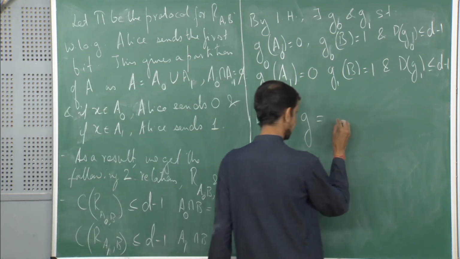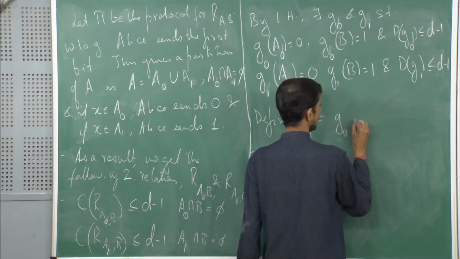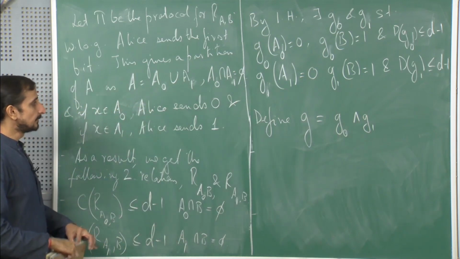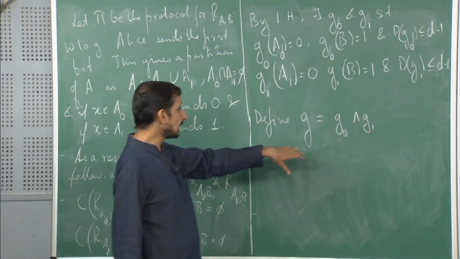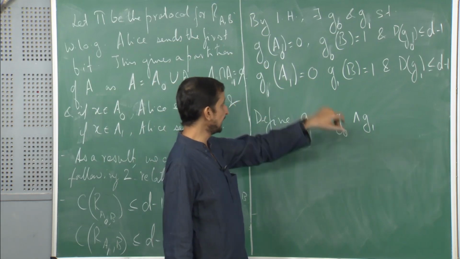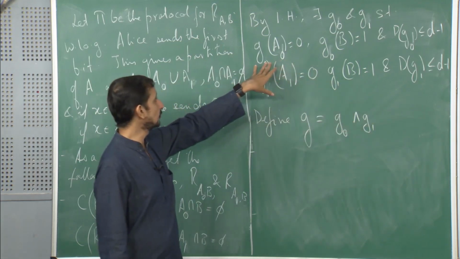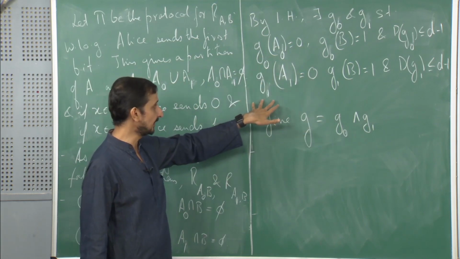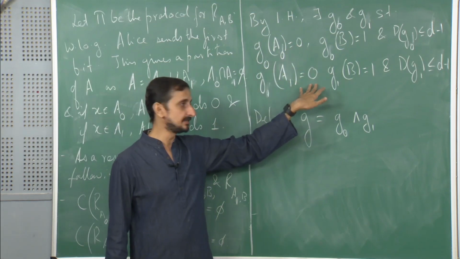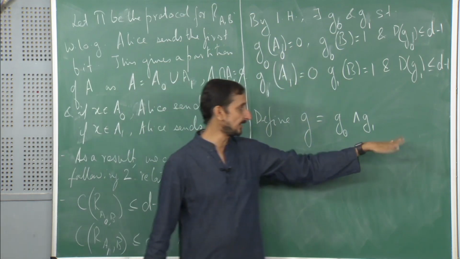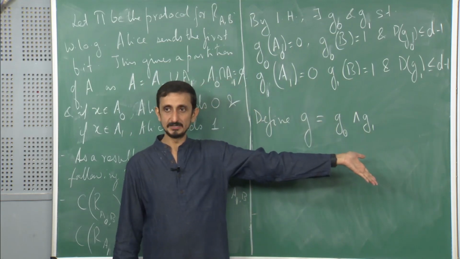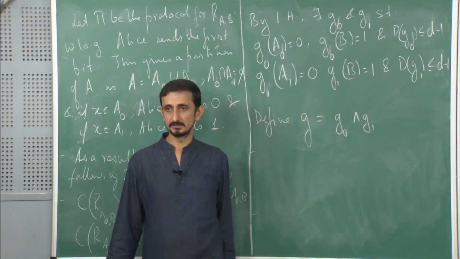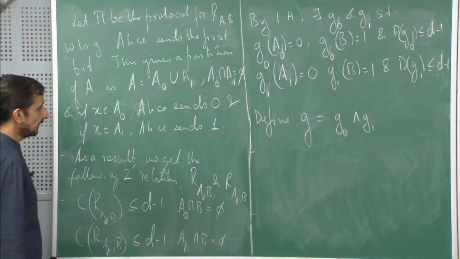Exactly. So we define G to be AND of G0 and G1, because any element in A must belong to either A0 or A1. So if I look at the AND of both these, on any element of A, G also must evaluate to 0, and because B is not changing, it is clearly true over there.